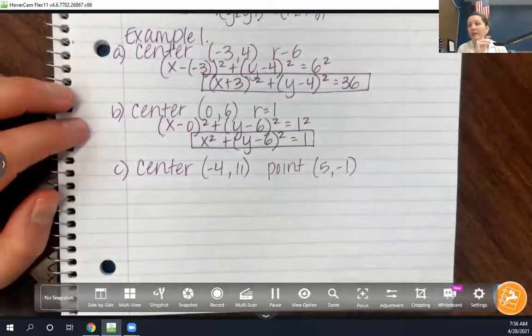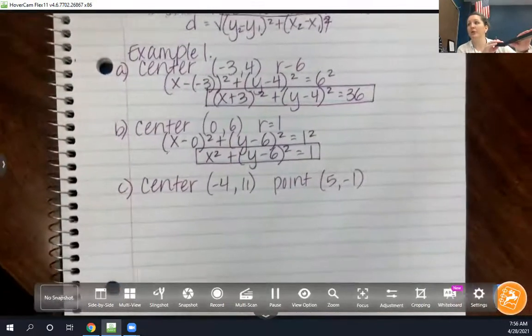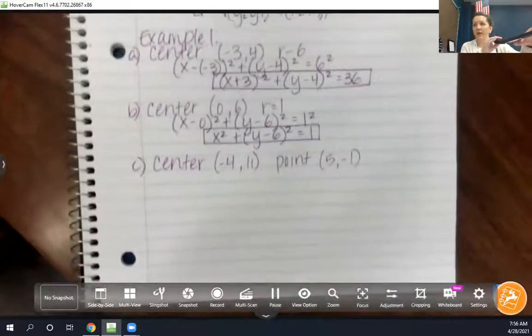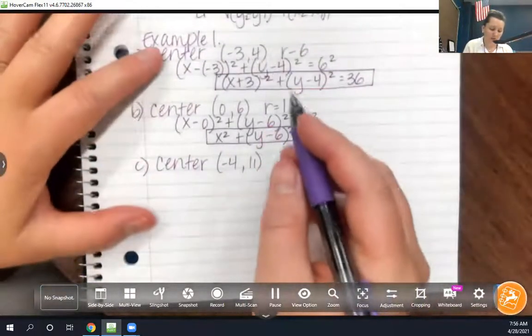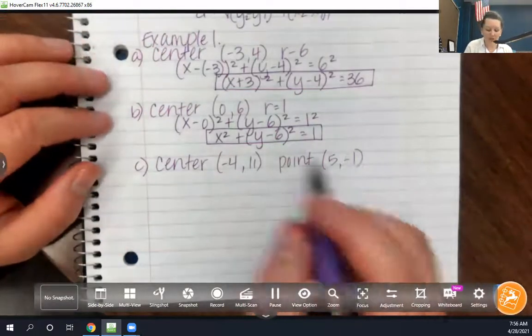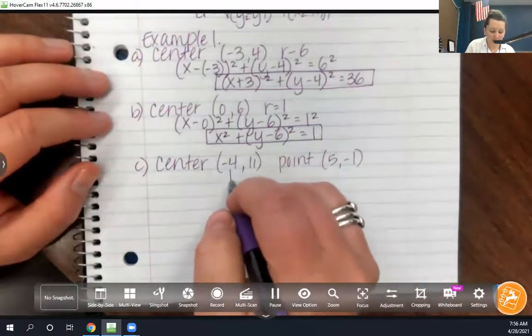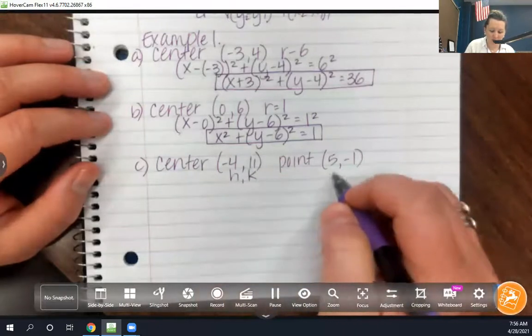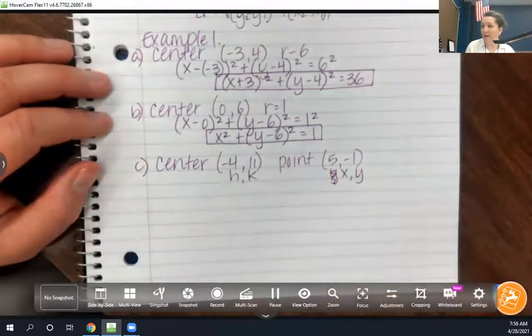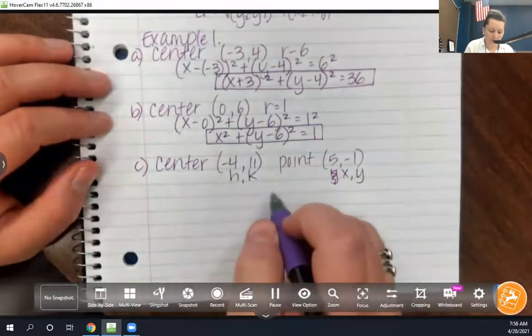So guess what? We don't know the radius, so we're going to have to use our equation to find the radius of our circle. So that means when I look back at x minus h and y minus k, this is my h and k, and I'm going to use this as my x and y, right? So here we go. Let's try this out.